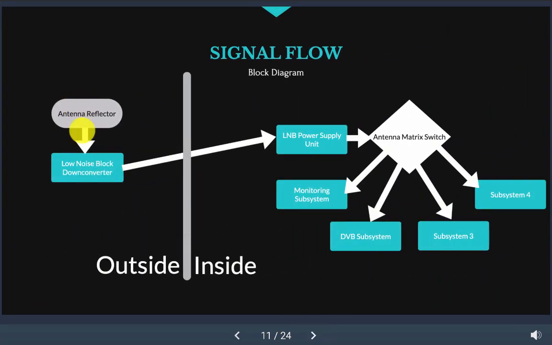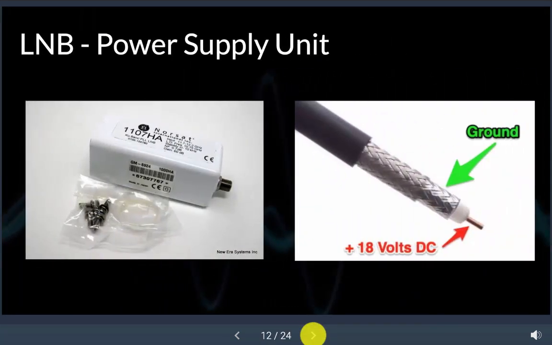All right, so from the antenna reflector to the low noise block down converter across the cable, now we're inside the facility and we enter the LNB power supply unit. If you look here at this LNB, you'll notice that there is no power cable going to it. There's only one input, except you've got the input coming from the waveguide here, and then you've got this RF input going into it.